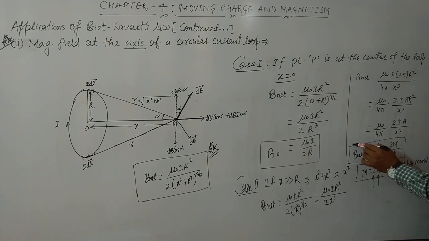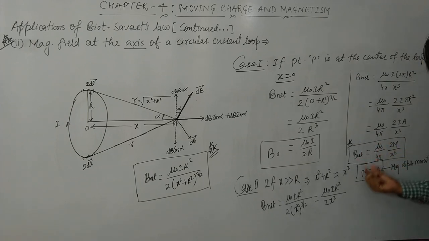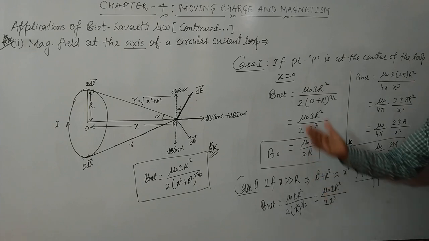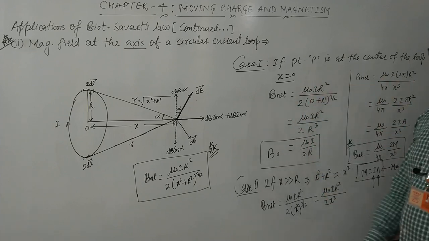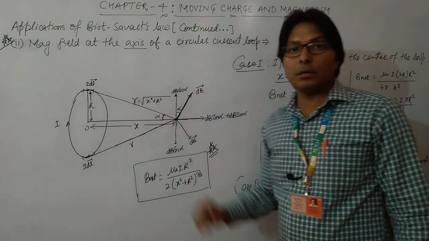So this formula you will relate in the next chapter to the magnetic field of a bar magnet. The magnetic field of a bar magnet is equivalent to the magnetic field at a point on the axis which is far away from the center of the circular loop.